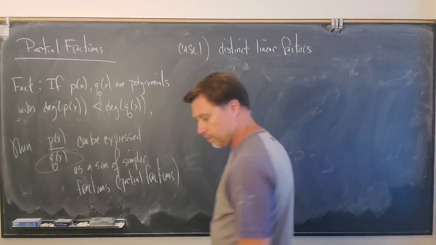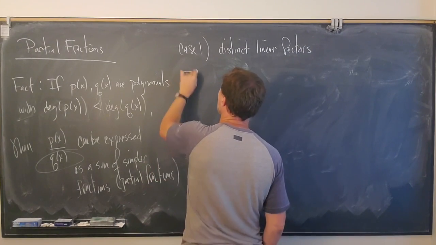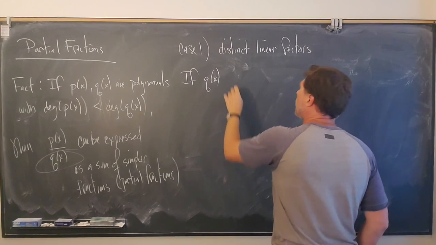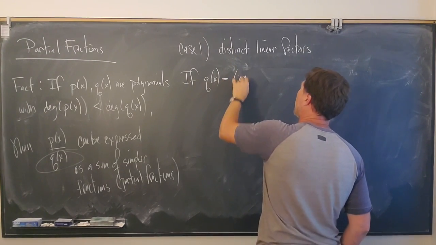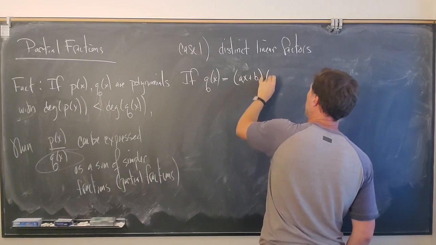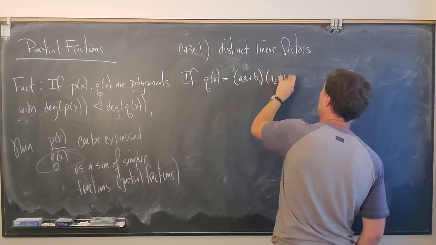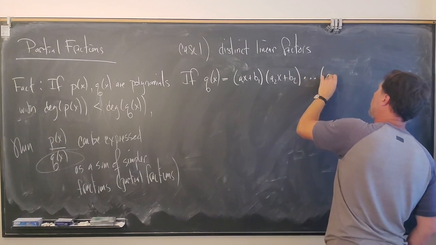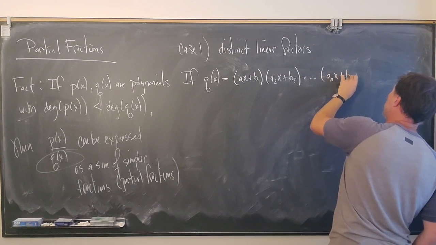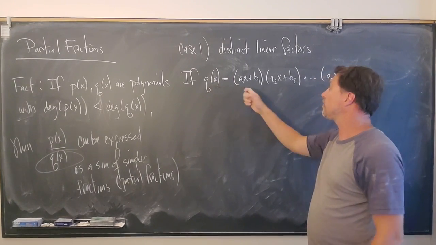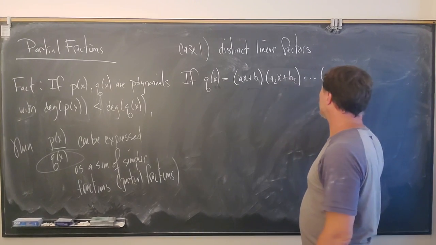Let's say q of x can be factored as a1x plus b1 times a2x plus b2, and so on up to anx plus bn. So q of x, our denominator, is factored into a bunch of degree 1 polynomials.